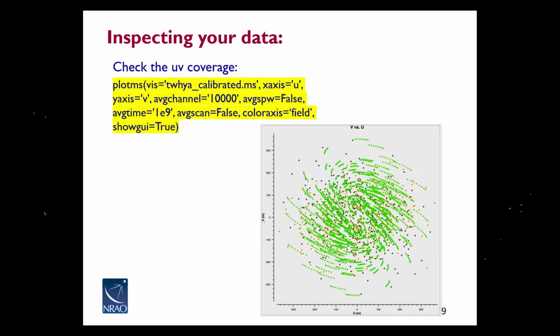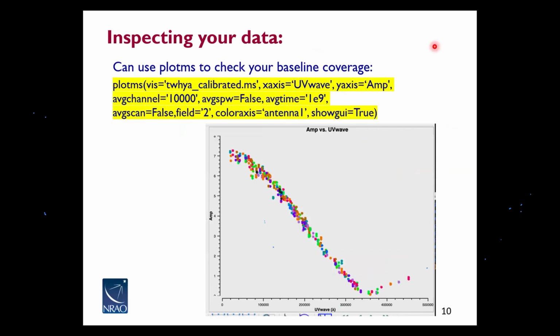And another interesting thing to do with plotms is we could also check our baseline coverage. So this will be x-axis with UV wavelength, which is our baseline in the unit of wavelength, and y-axis will be the amplitude. So here I'm setting field equal to 2. If you check the listobs file, you will see that field number 2 is one of the calibrators.